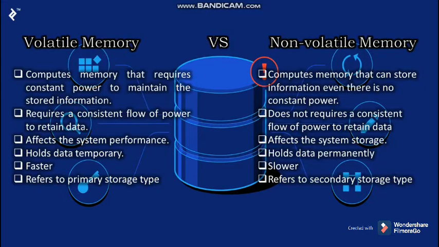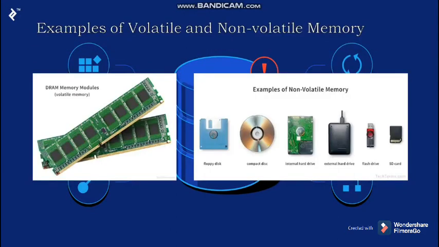Uri ng storage na kung saan mare-retain ang lahat ng saved data even if the computer loses the power source. Samples of volatile memory are DRAM memory modules, while non-volatile memory includes floppy disk, compact disk, internal hard drive, external hard drive, flash drive, and SD card.